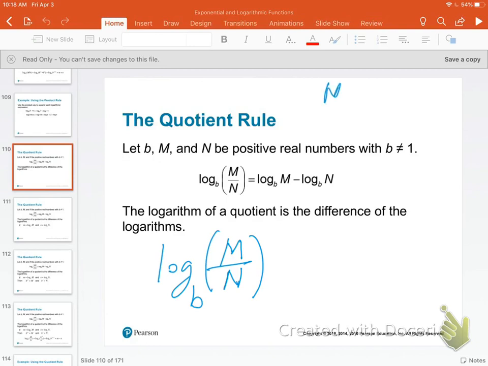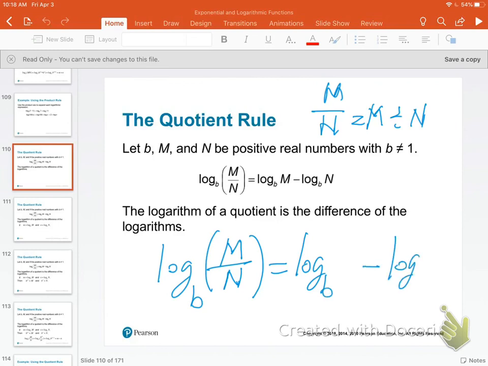The quotient rule has still the same base b, and it's a subtraction of two logs: log b of m minus log b of n. Product is the sum, quotient is the difference of two logs.